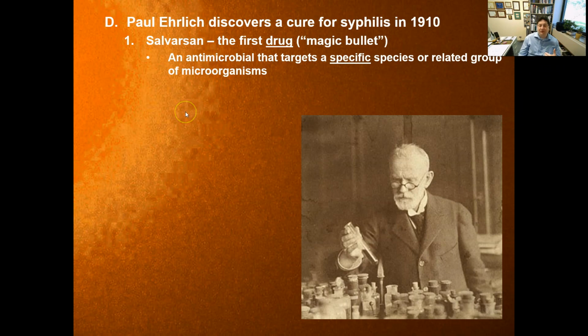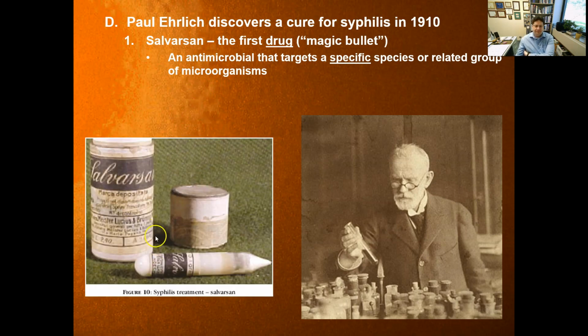You could develop a compound, a drug, that's specific just to the microorganism. Salvarsan was initially a powder that had to be mixed with water. He is considered the father of drug therapy. And since his discovery, of course, thousands of different drugs have been invented and made and discovered, and it also ushered in the whole era of the pharmaceutical industry, which you may have opinions about.